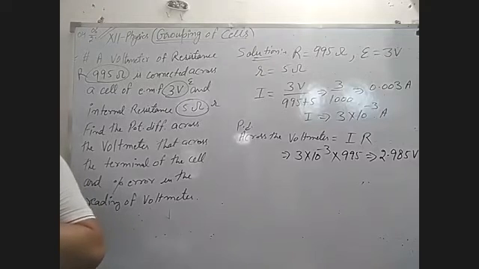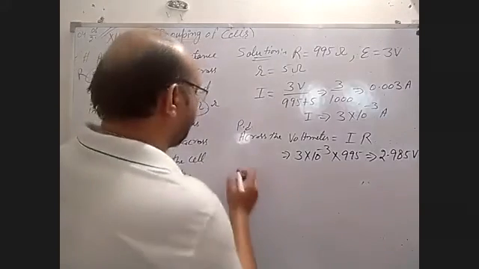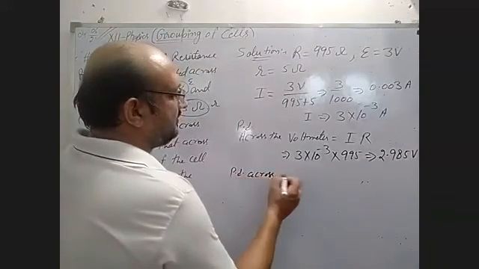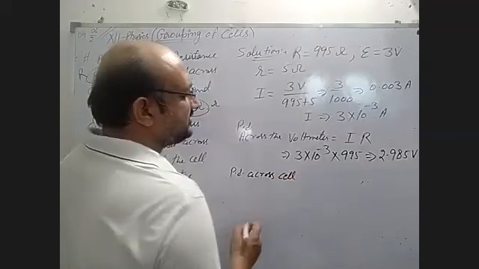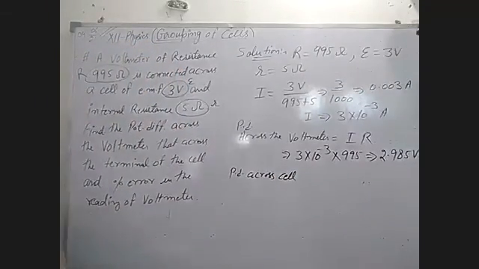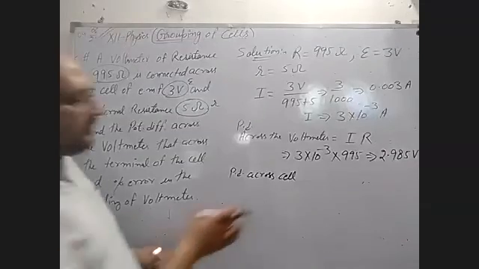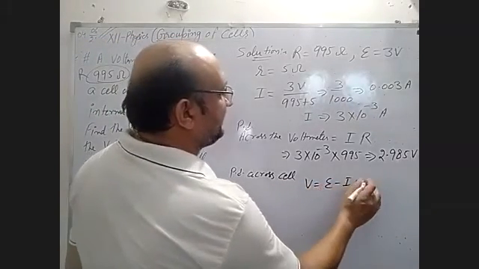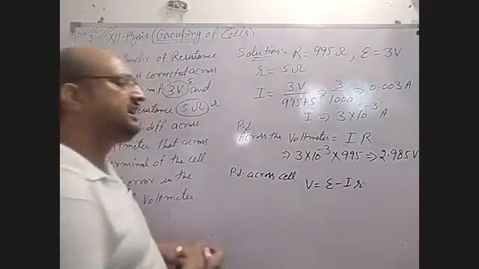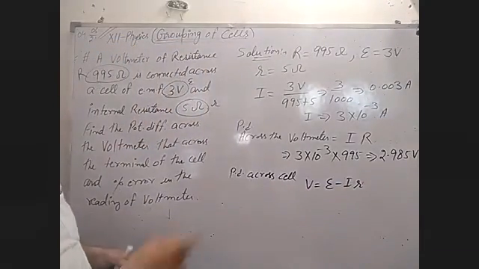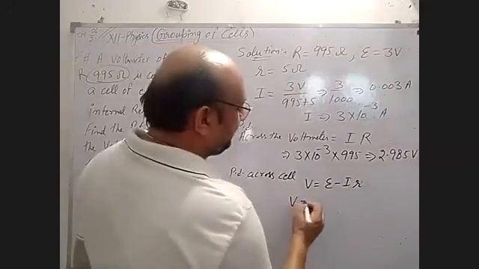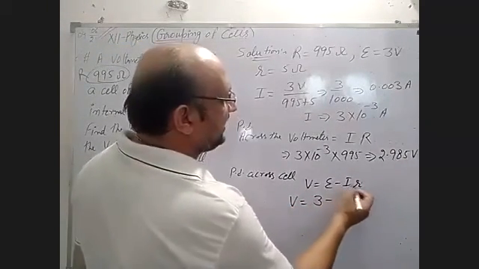Now the potential difference across the terminal of the cell. How can you calculate this value? If cell is there, then you have to take potential difference in this way: E minus Ir, because we are talking about potential difference, not EMF. Then this V can be calculated. What is the value of E? 3 minus I into r.